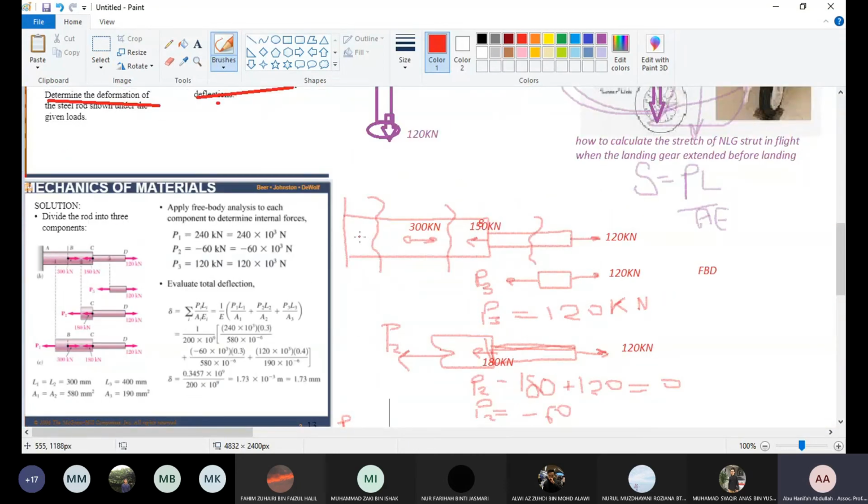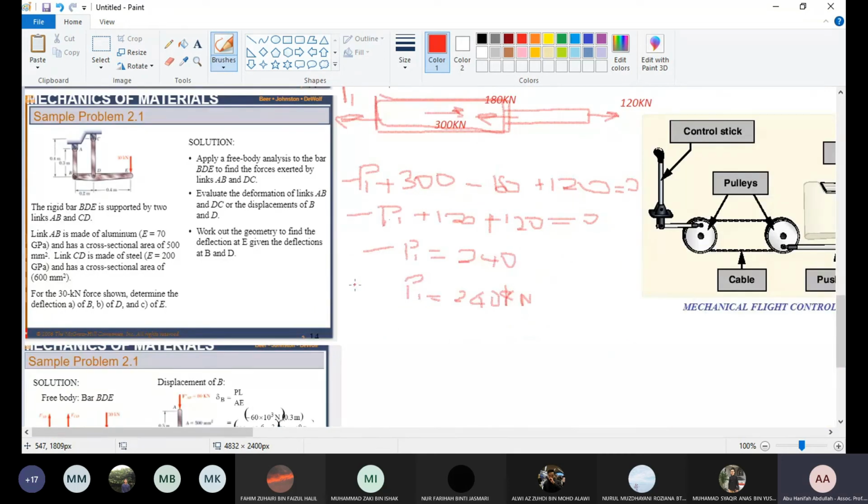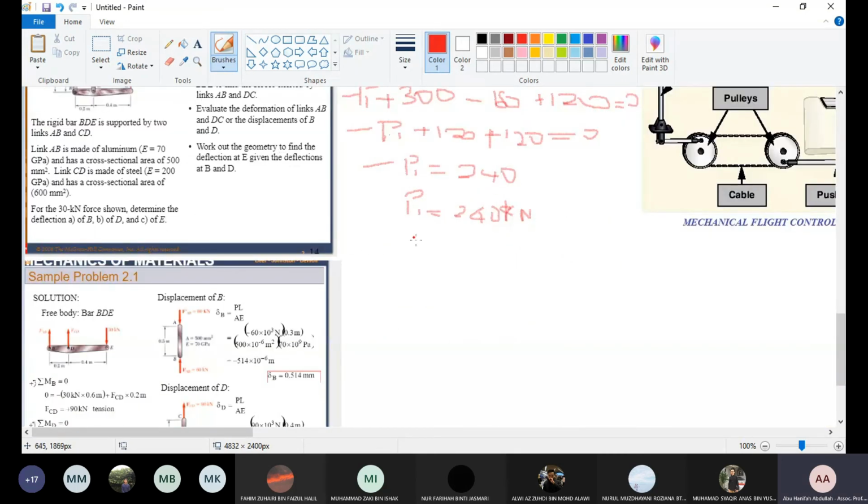You have the forces inside here. You already have forces given here. You have the forces inside here. So all these forces will be used to solve the problem earlier, which is the deformation is force times L over cross-sectional area times modulus.